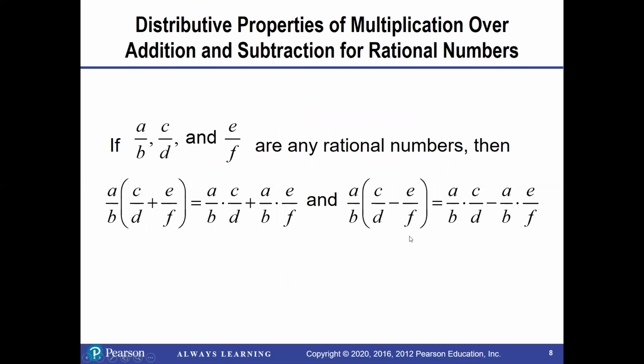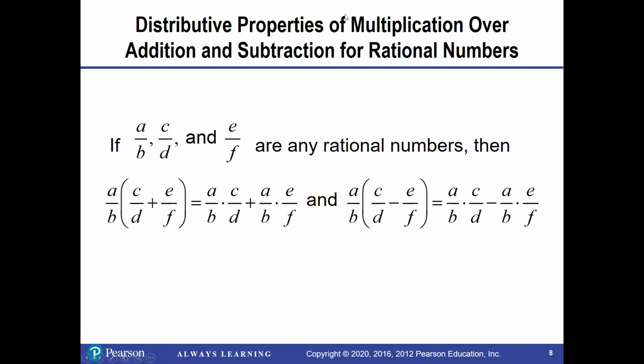Now, can you have a distributive property over either addition or subtraction? Remember, if it's over addition, you need a plus sign. If it's subtraction, you need a subtraction sign. So how do I go about dealing with this? Let's look at it for a second.